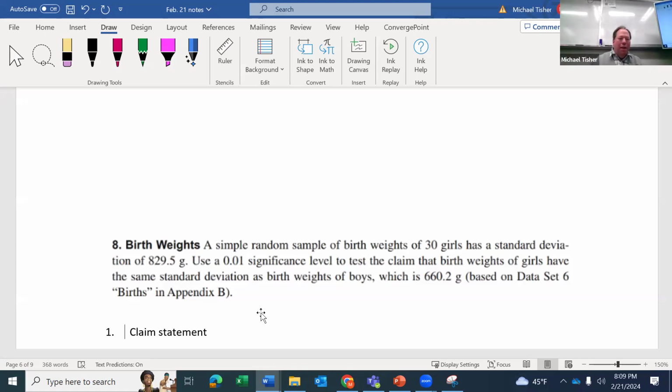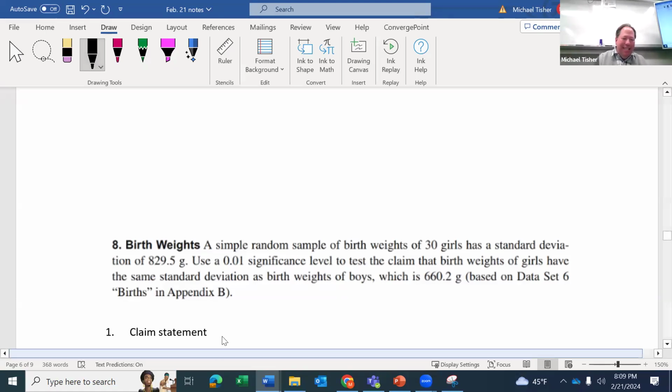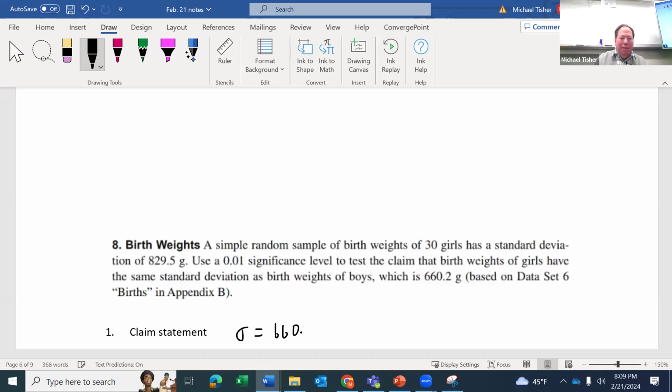Okay. So what's our claim? Sigma then equal 660.2, yes. Okay, now it can be confusing which number goes in there. But remember, the claim is always a number associated with the population.